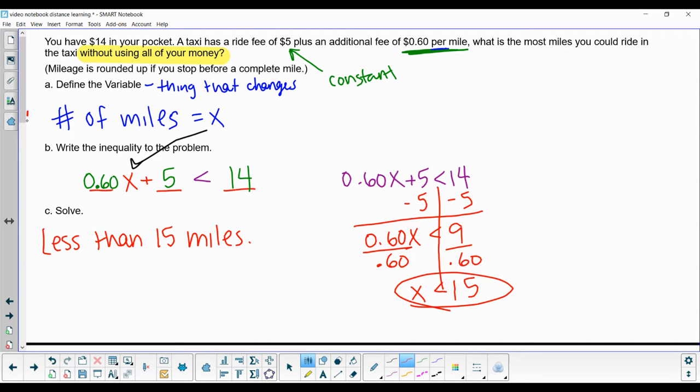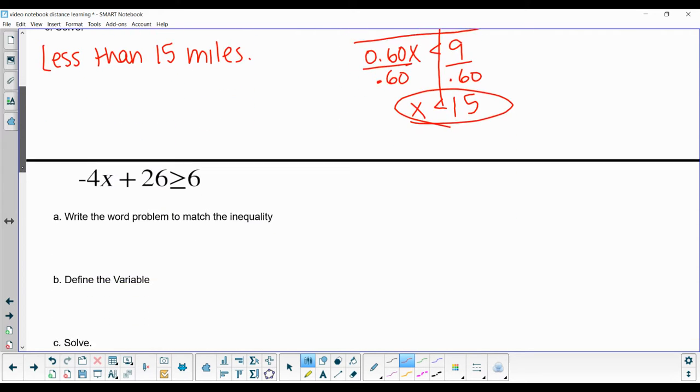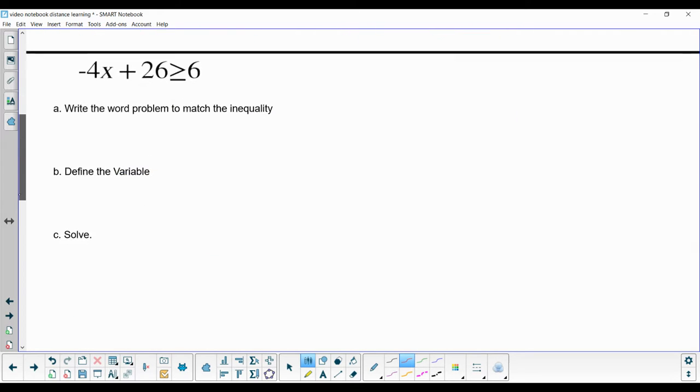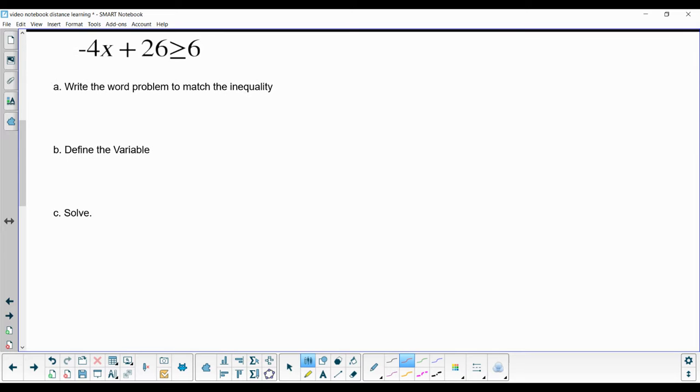Now what I want us to try today is going backwards. So I have an inequality and I want to come up with a word problem. This is where your creativity comes in. You can write about cereal, you can write about Animal Crossing, you can write about whatever you want to do. I just look at this inequality right now, and I see that I have a negative slope.